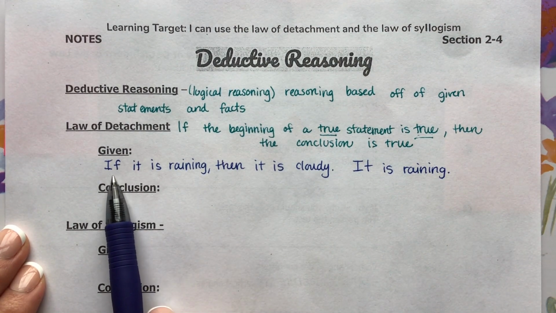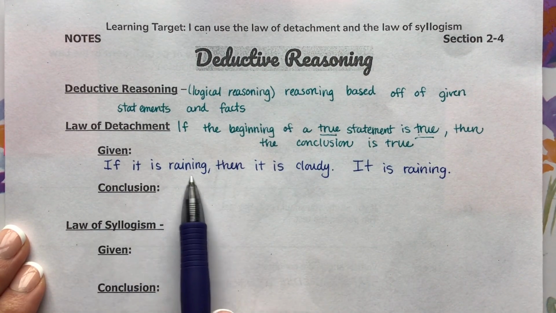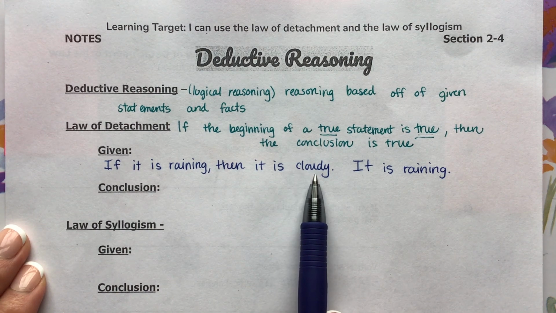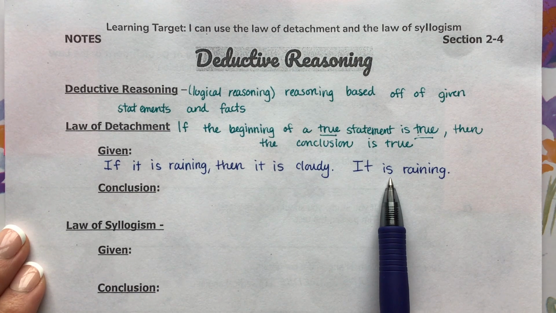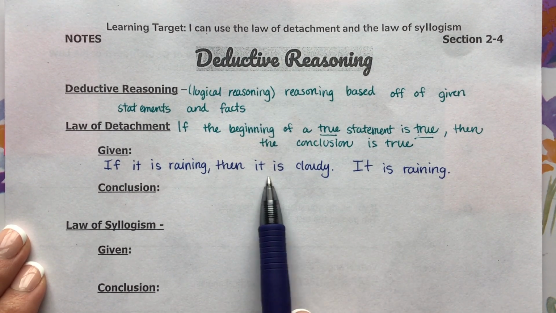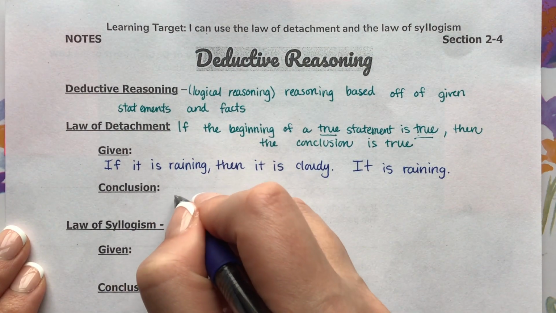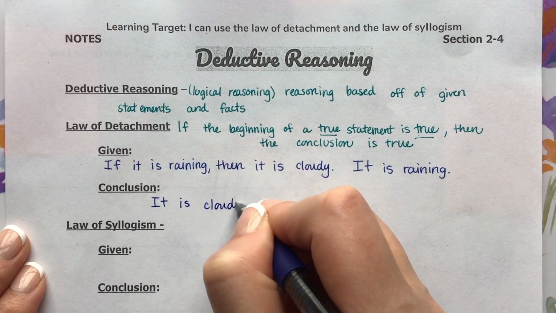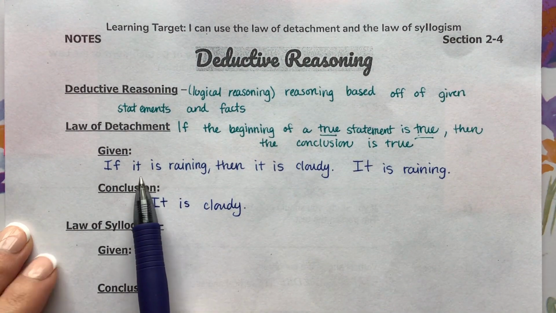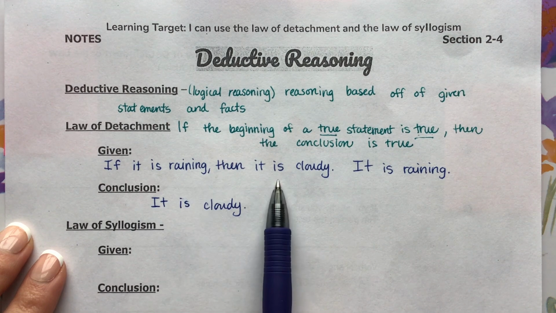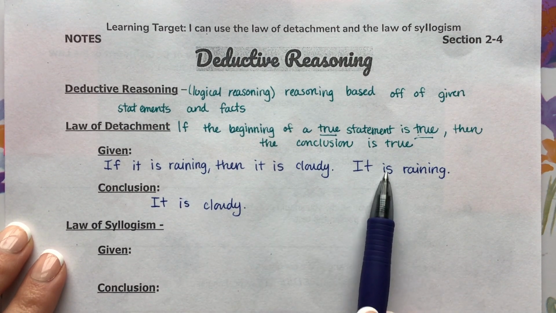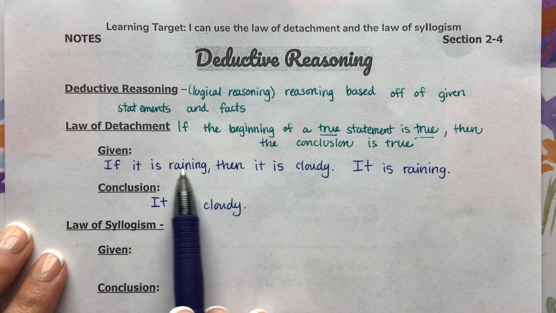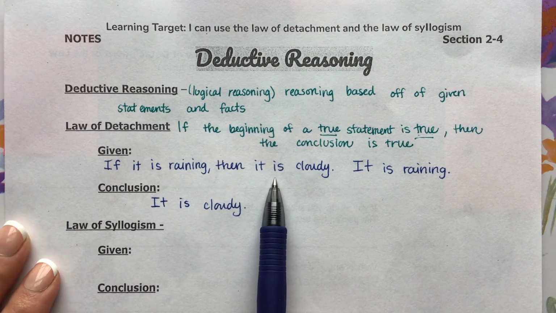So we have our conditional, if it is raining, then it is cloudy, and then we were told an additional piece of information. It is, in fact, raining. So our conclusion can then be, it must be cloudy. So the conclusion is, it is cloudy. So here, you know what's supposed to come one after the other. You're given the beginning, so you assume the end based off of this true statement that we're given here.